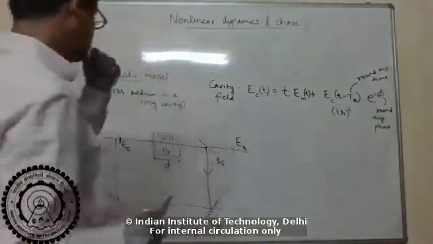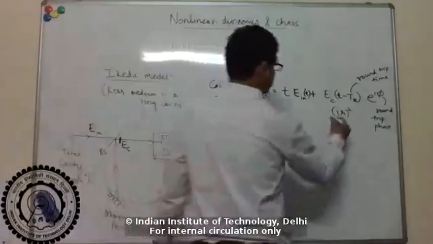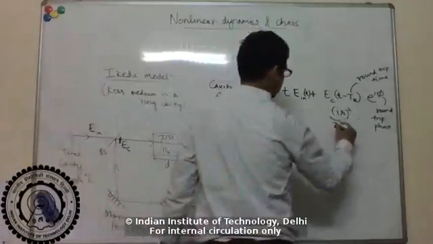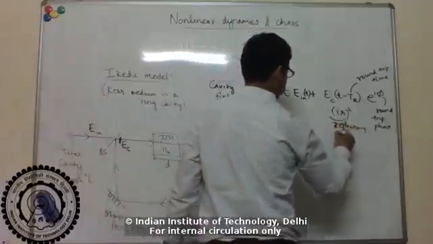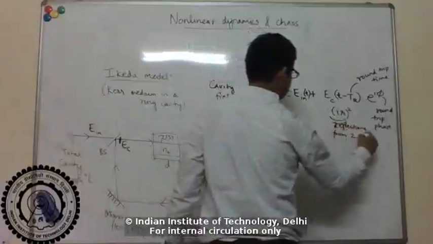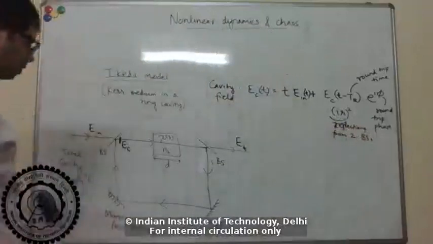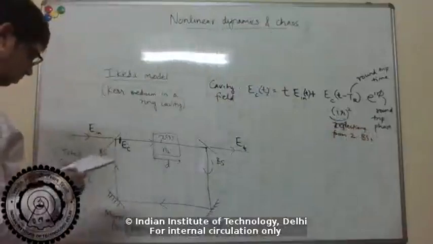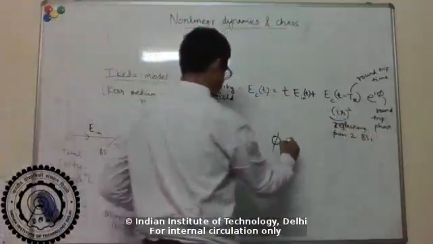Okay, so this is the two reflections from two beam splitters. Okay, and so what is the round trip phase phi?